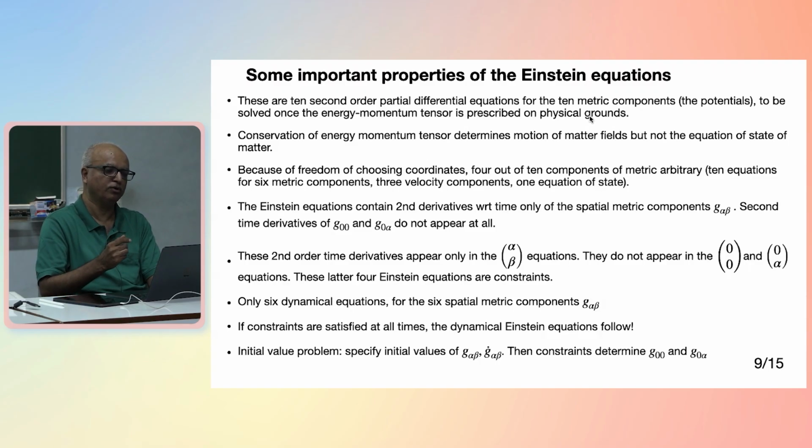What you should not do is what we sometimes jokingly talk of. Take on the left hand side, start with a solution g_ik. Say this is my metric. Put it on the left hand side. Calculate R_ij minus half g_ij R, and then you say this is my T_ij. You see the joke there.